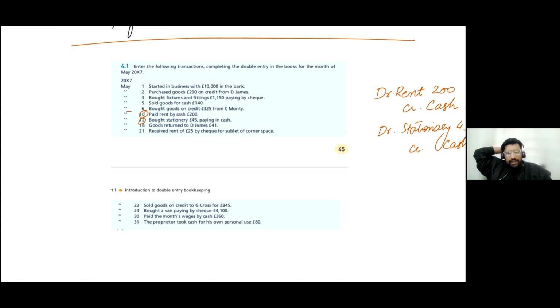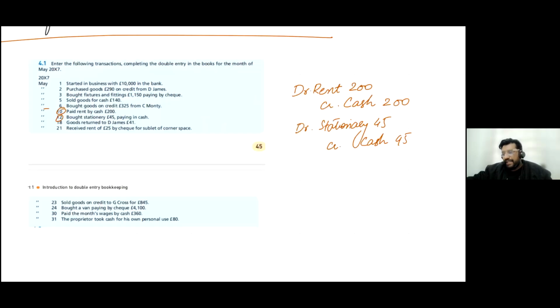Received rent 25 by check for sublet of a corner space. So we had a corner space and we rented it out. Now we are receiving rent on that. Okay, so that's going to be rent received.